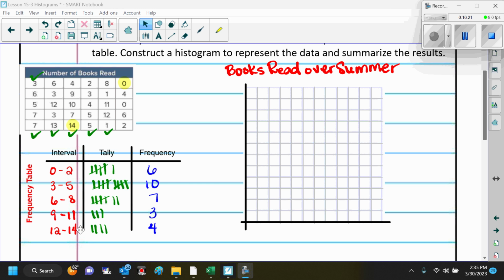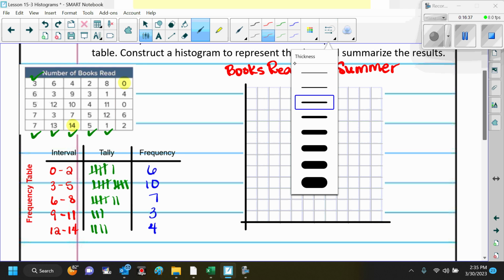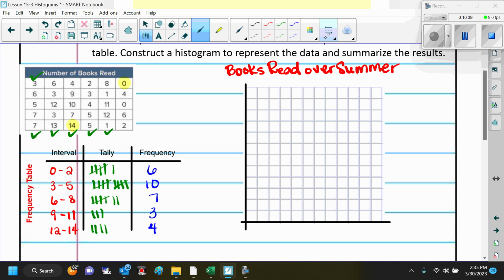So now we want to put our intervals. Those go on the x-axis, so those go down here. So we're counting, let's see, I've got 1, 2, 3, 4, 5 intervals there. So I'm going to go ahead and just go 1, 2, 3, 4, 5.